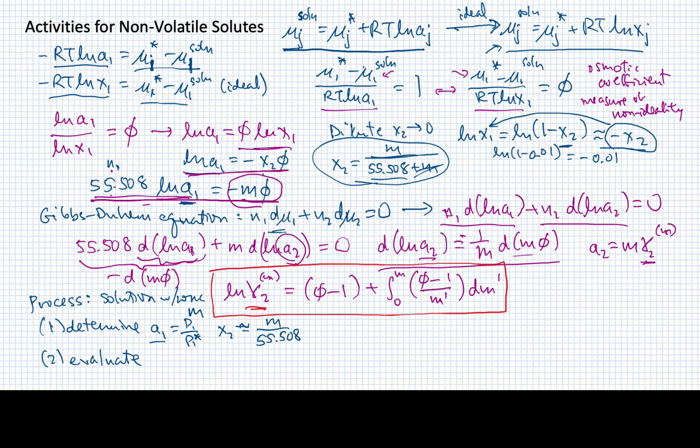The osmotic coefficient, remember, was simply the log of the activity over the log of its mole fraction, but we can also write that as the log of the activity of the solvent divided by the mole fraction of the solute with a negative sign, because remember it was equal to, where is it up here?